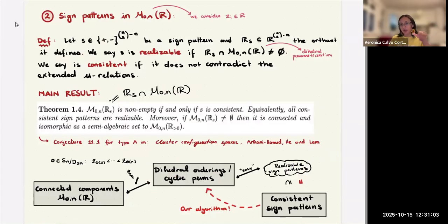And once I have that product of adjacent transpositions, this will give me a map, a monomial map, from any connected component of M0n(R) to the all positive part in a different dihedral parametrization. Because this map is monomial, so in particular it is a nice map of semi-algebraic sets, and then everything will behave nicely.